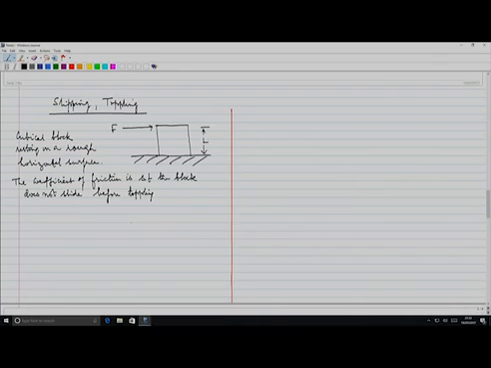So we need to calculate the minimum force, let it be F minimum, for the block to topple.